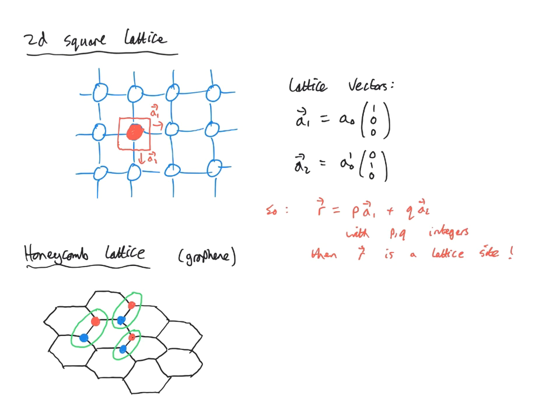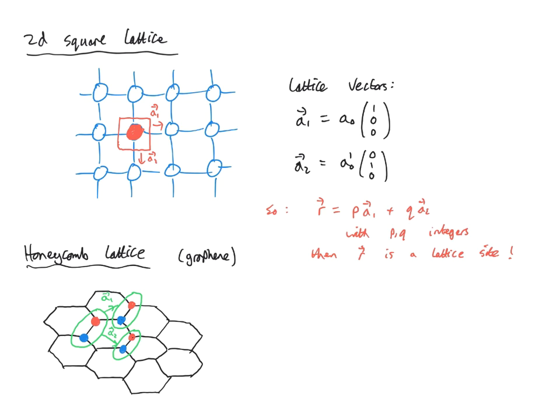So let's call these A1 and A2. The vector that connects me from here to here, I'll call that A1, and the vector that connects me from here to here, I'll call that A2. And if I wanted to generate any other site on the lattice, I can just use combinations of A1 and A2.